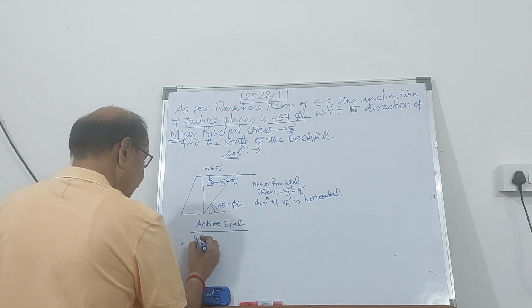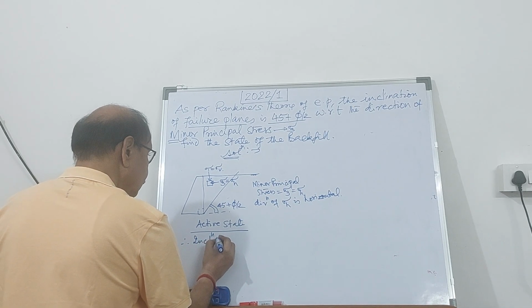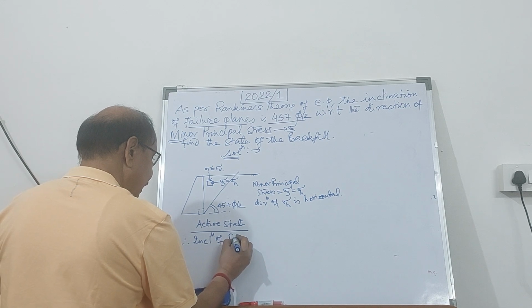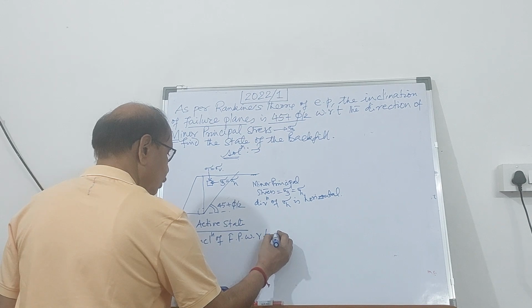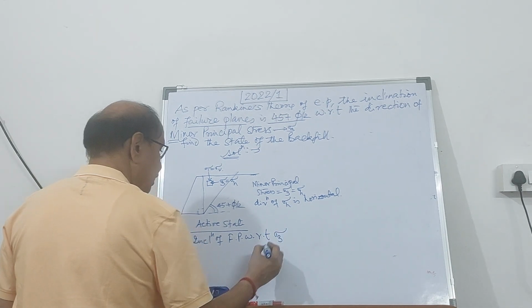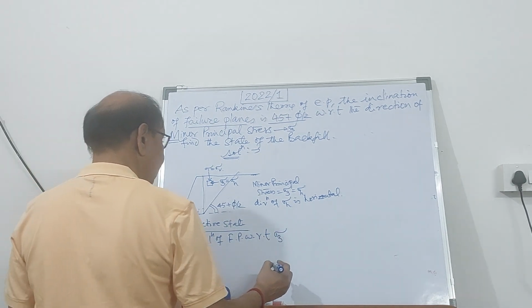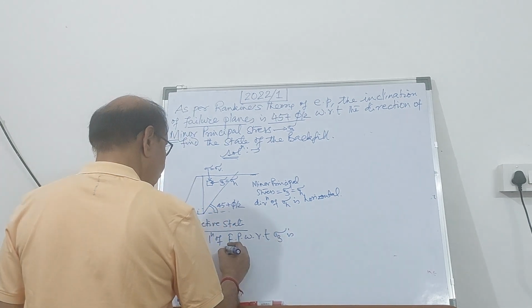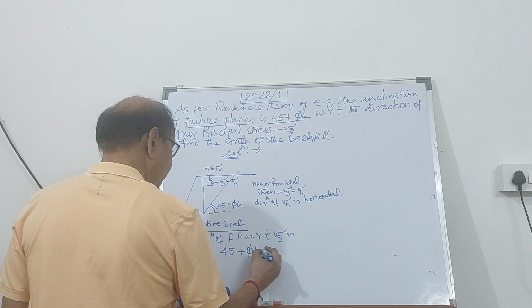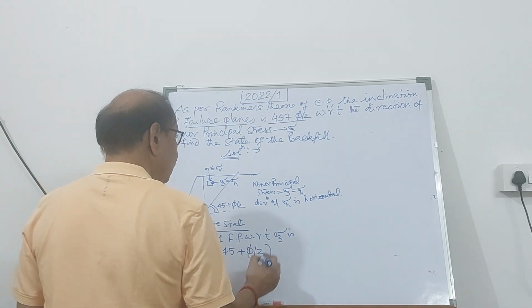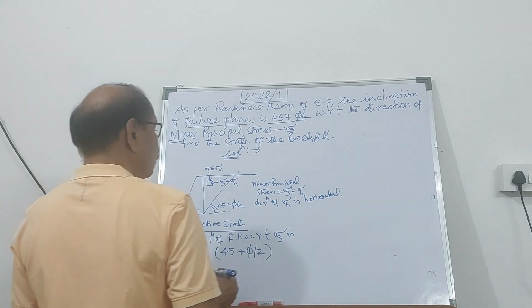Therefore, the inclination of the failure plane with respect to the direction of sigma 3 is 45 plus phi by 2. Okay.